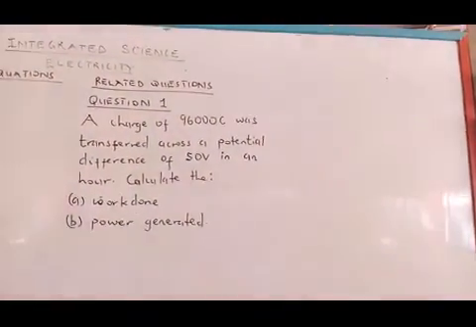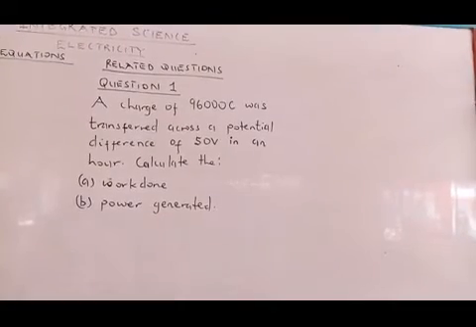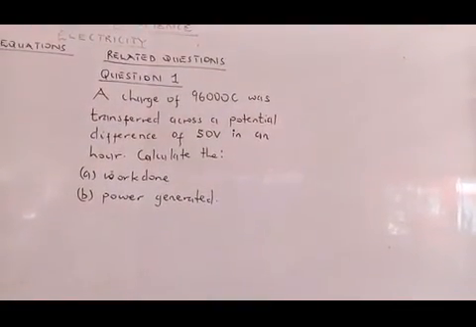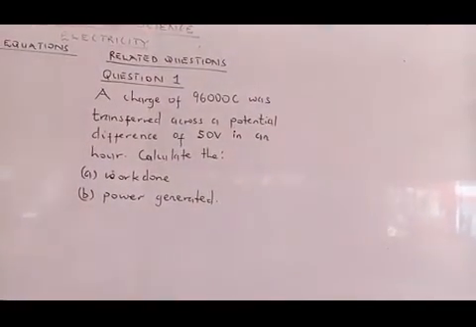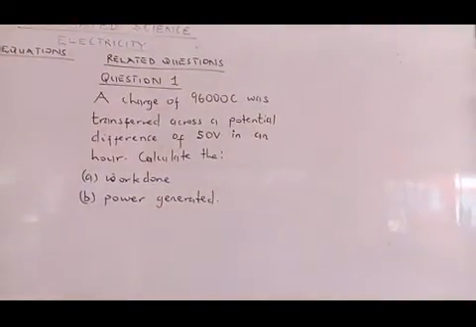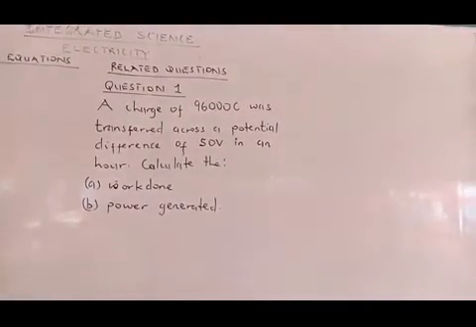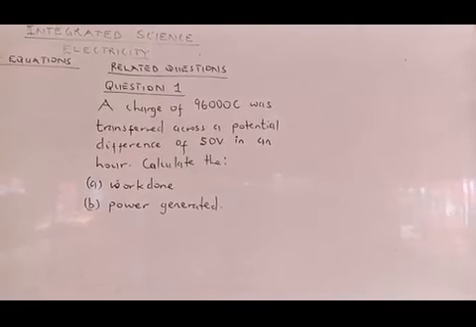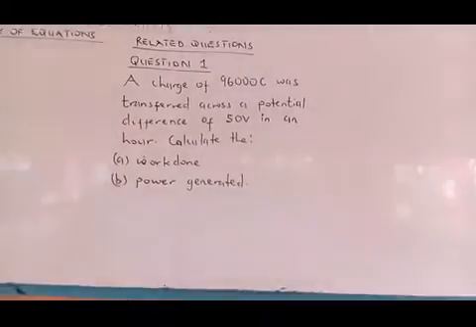A charge of 96,000 coulomb was transferred across a potential difference of 50 volts in an hour. And then based on that information, you have to calculate the work done and the power generated. And so let's look at the solution.